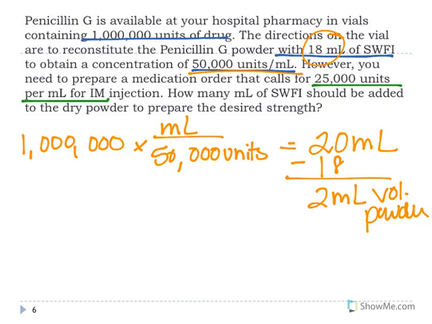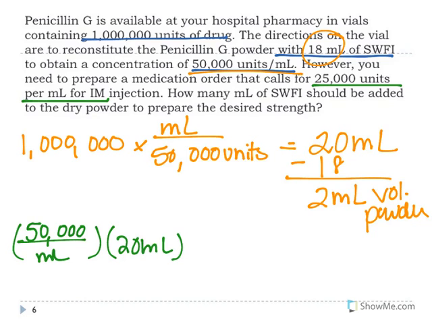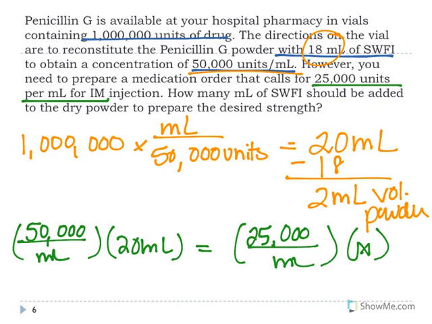So the concentration that the manufacturer calls for is 50,000 units per mL of a 20 milliliter vial. But the concentration we want is only 25,000 units per mL. And so we need to know how many milliliters that is going to be.